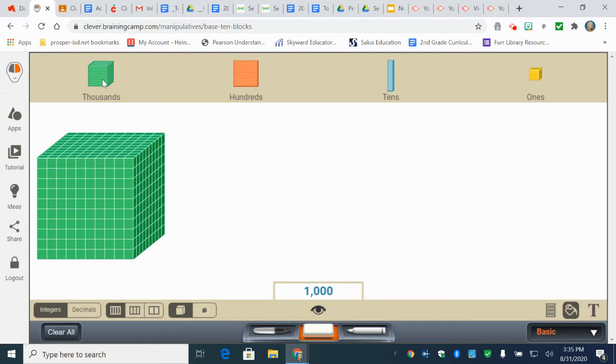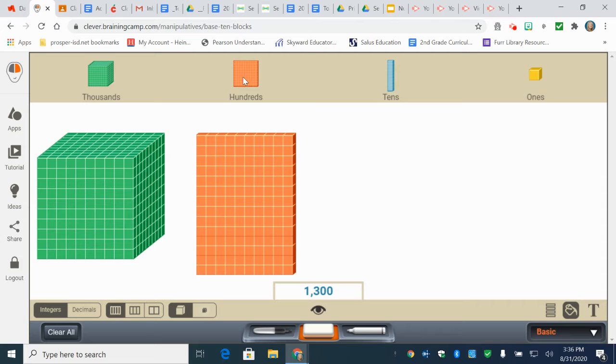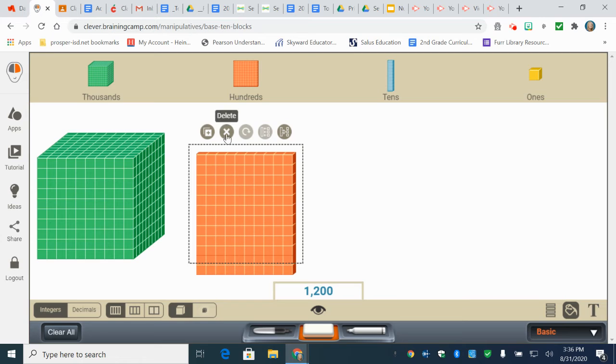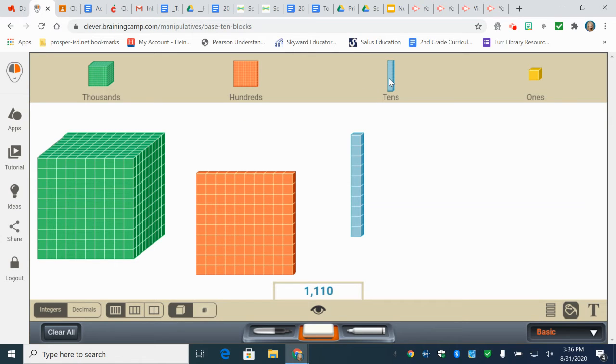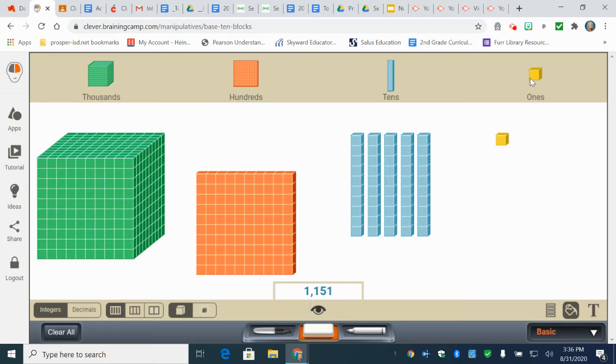All right, so I have 1,000. Oops, hang on. 1,154. Is this what your number was? Is this what you drew on your paper? Now let me show you. When you're drawing the cube, it's kind of tricky as a drawing.